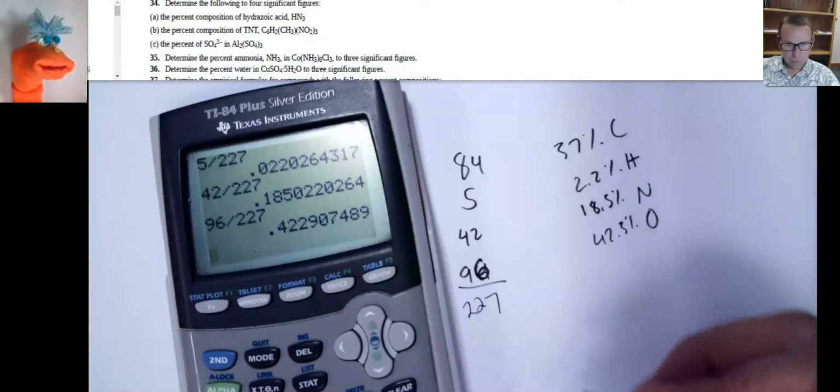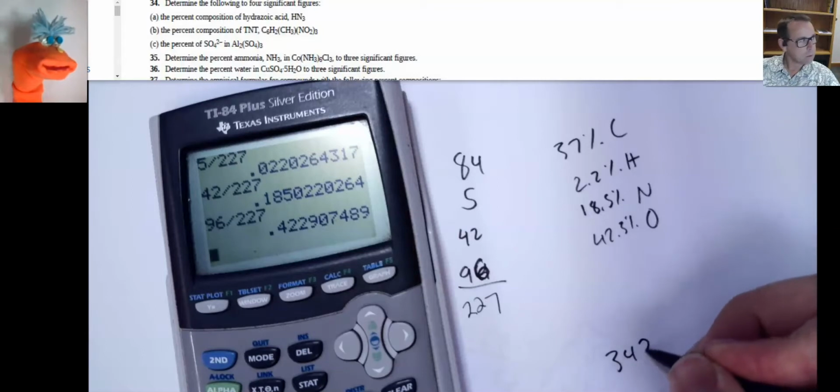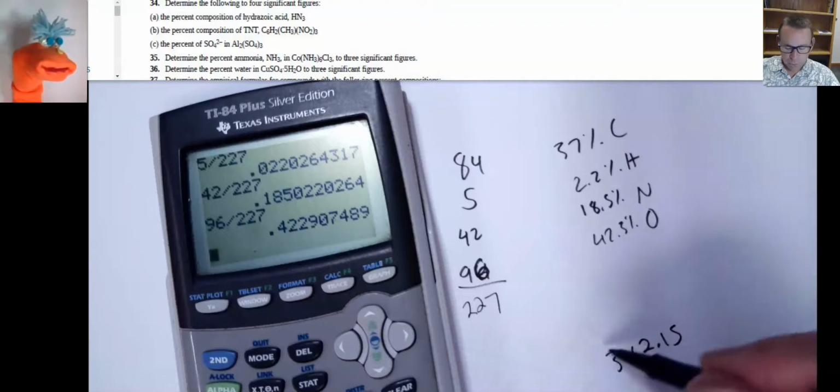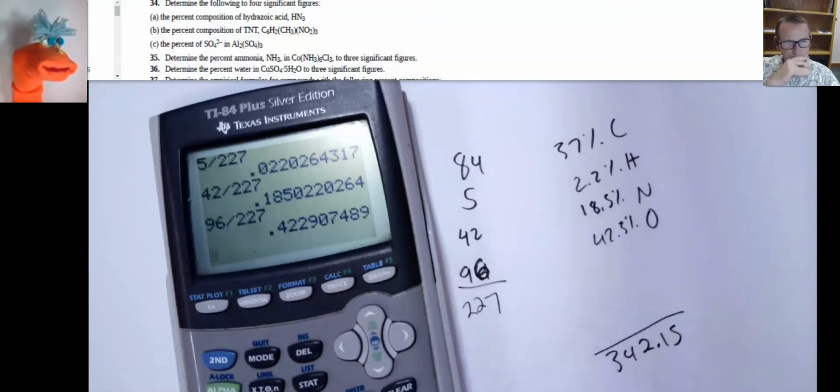So, according to Wikipedia, aluminium sulfate is a salt with the formula Al2(SO4)3. Okay, I'll double check in here. Got that. Yeah. Okay. So 342.15. Yeah. And then the SO4, the sulfate. Sulfur is, where's the periodic table?